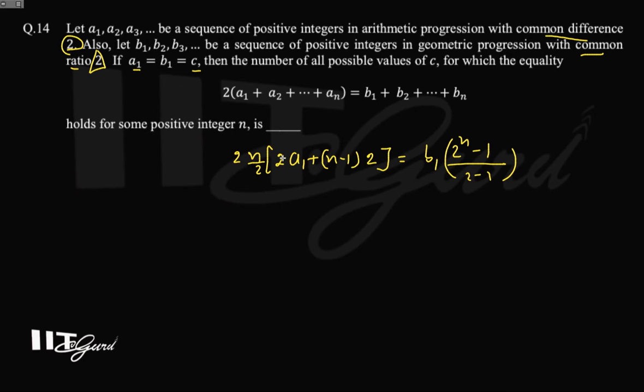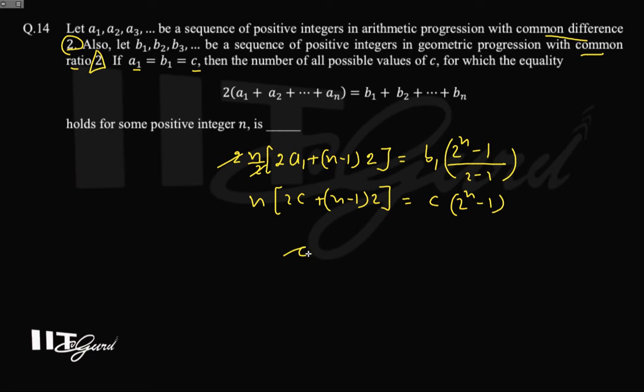So B1 and A1 are C as given in the question. The 2 and 2 are related, and here we find 2C plus n minus 1 into the common difference, that is 2 once again, and here once again you have to write C, and that is 2 to the power n minus 1 upon 2 minus 1, of course 1.